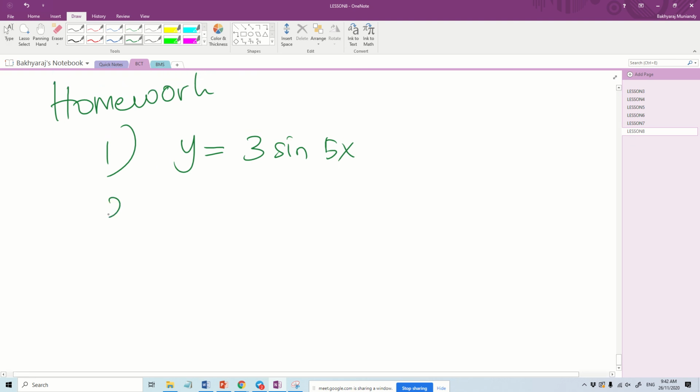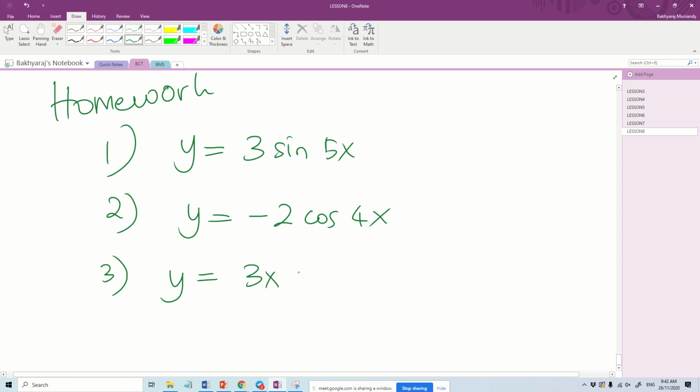Okay, let's say number 2, I give you y equal negative 2 cos 4x. And number 3, let's say I give you y equal 3x cos x. And number 4, I give you y equal x square sin x. Cuba 4 soalan ni. Okay, you can do it very quickly.